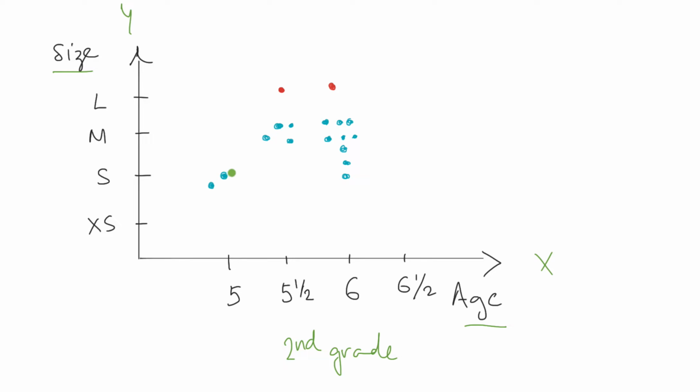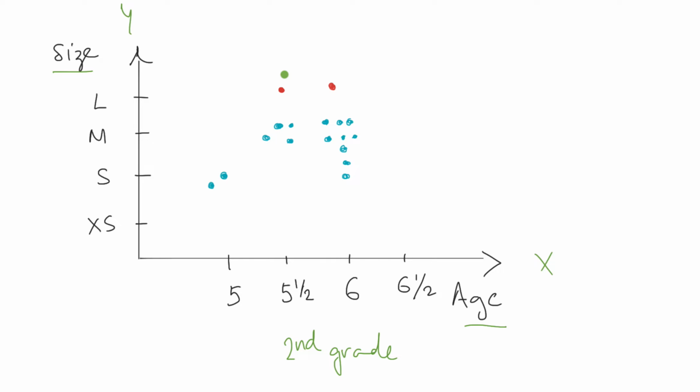There are a lot of these dots representing kids in that grade. Most of them are in the 6 year age group, and they are wearing either small t-shirts or these medium t-shirts. These are the medium t-shirts and these are the small t-shirts. So most of them are here, except these two red dots. And these are what we call anomalies or outliers.